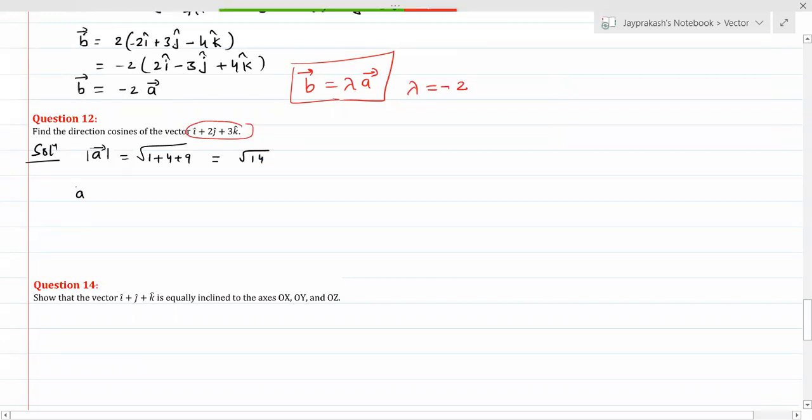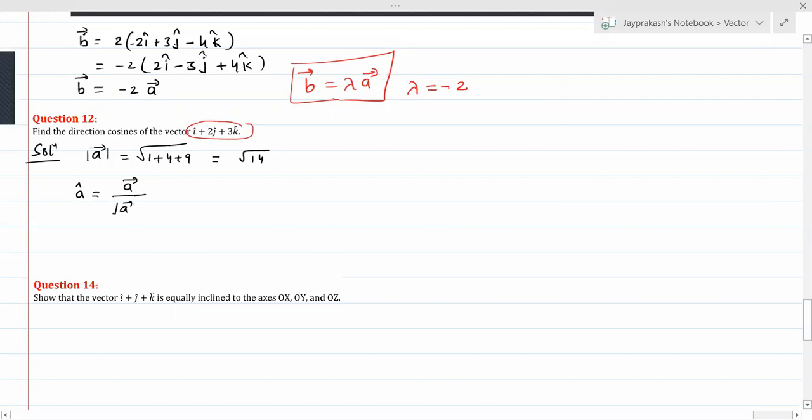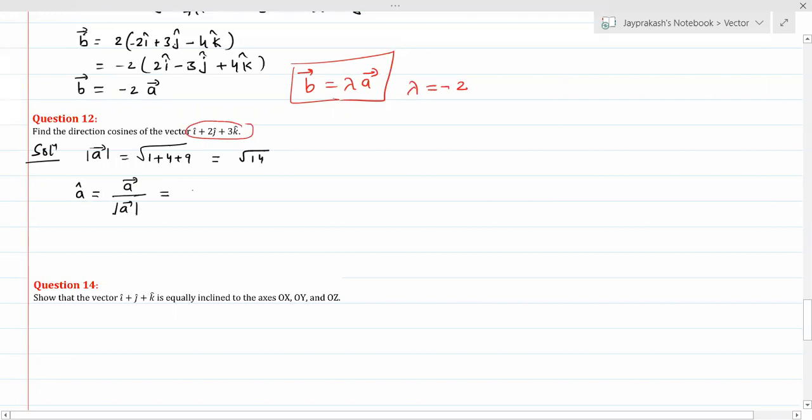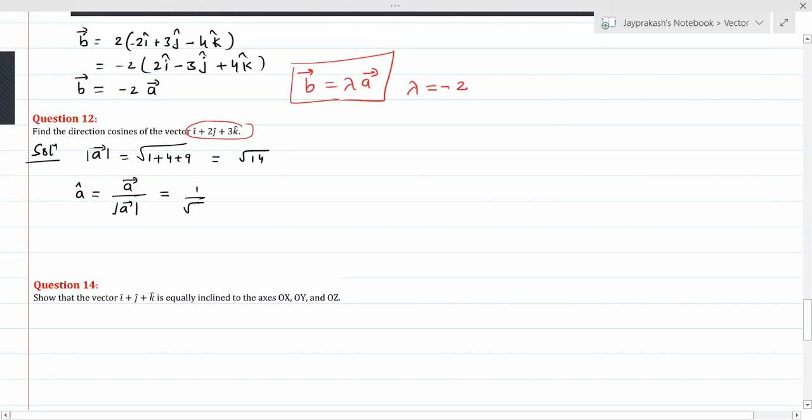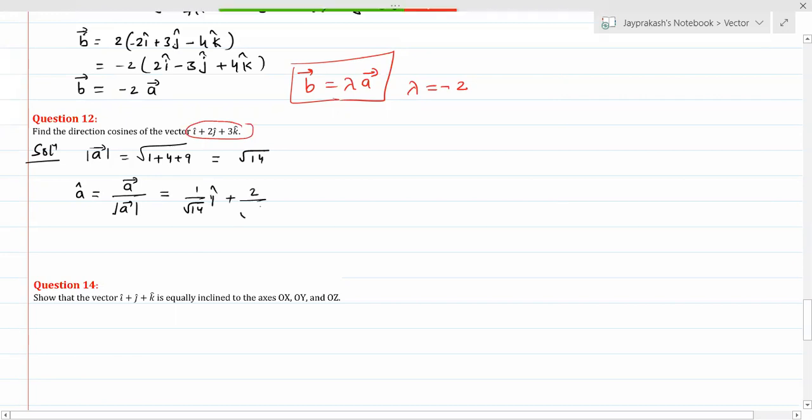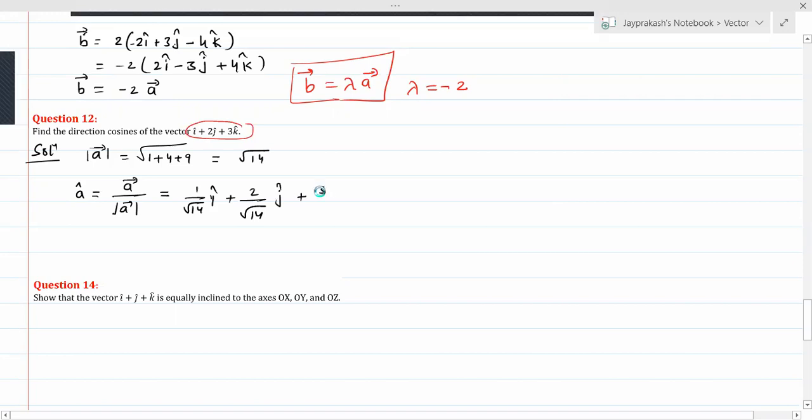So when you are going to find the unit vector, that is the vector upon the magnitude of the vector. So you can simply write here 1 by root 14 i, 2 by root 14 j, and plus 3 by root 14 k.